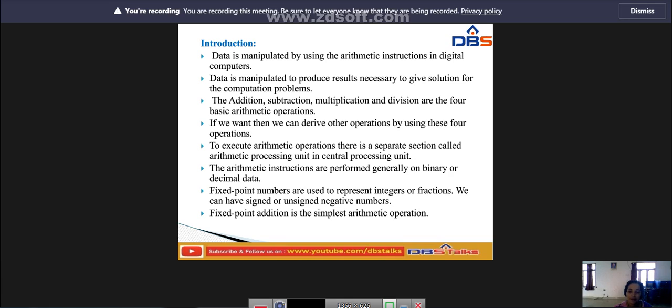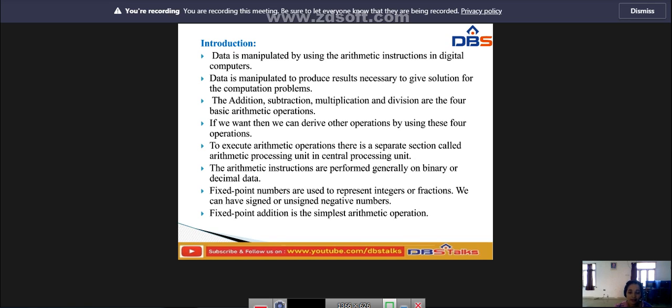Arithmetic instructions are performed generally on binary and decimal data. Binary means zeros or ones. Decimal data means it takes points, like 256.5. So arithmetic instructions are performed generally on binary or decimal data.